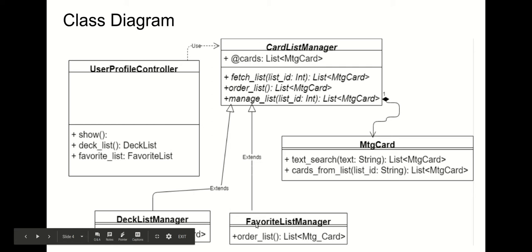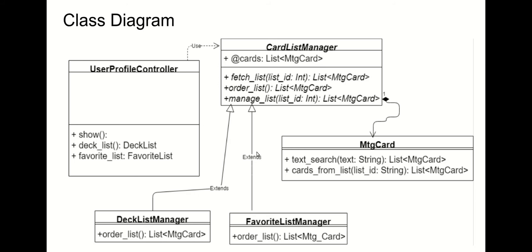And then we can call manage list, and using polymorphism, it allows for the correct ordering to go when we call manage list, and then we get to display it all nice and ordered like we just showed prior to this. The user profile controller uses the card list manager, which in turn manages this list of MTG cards, which is the model.